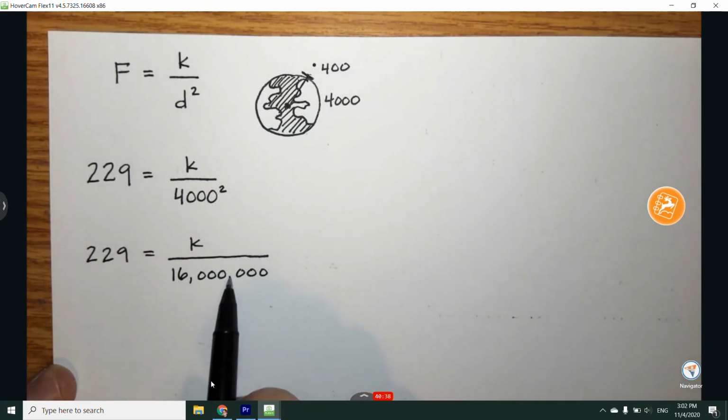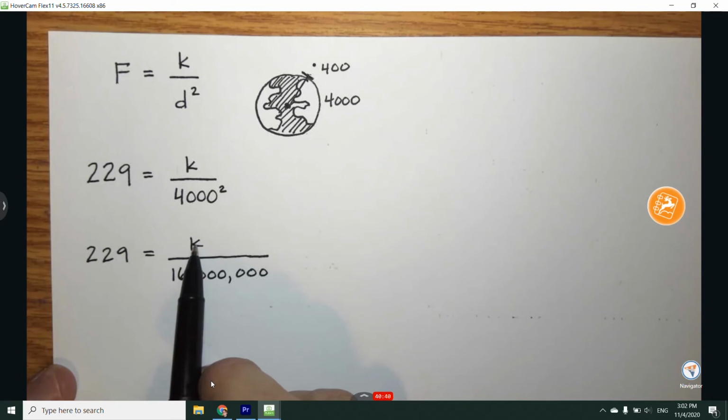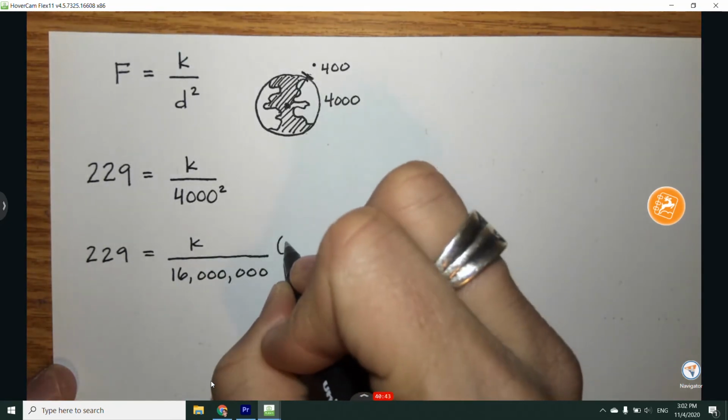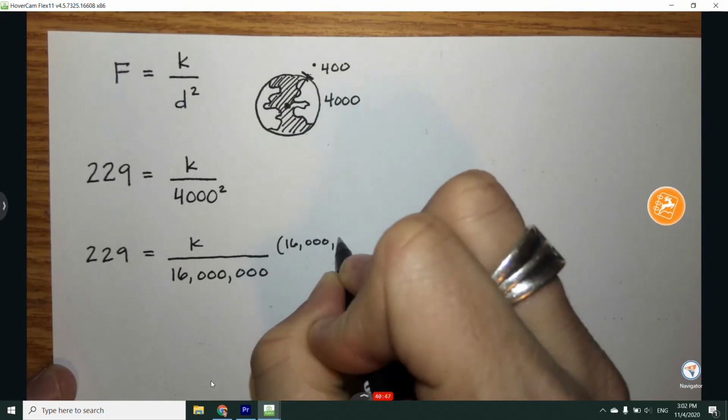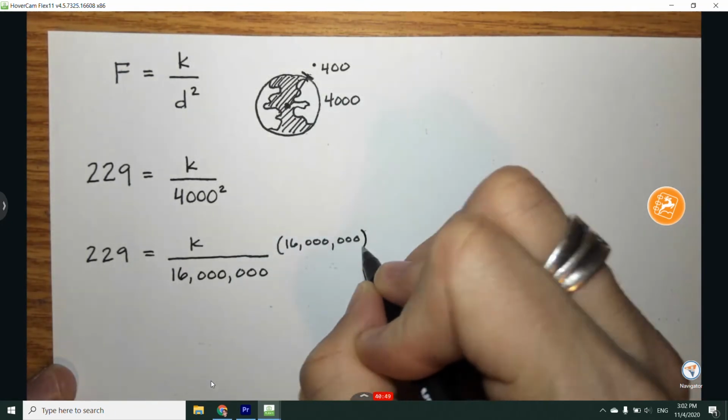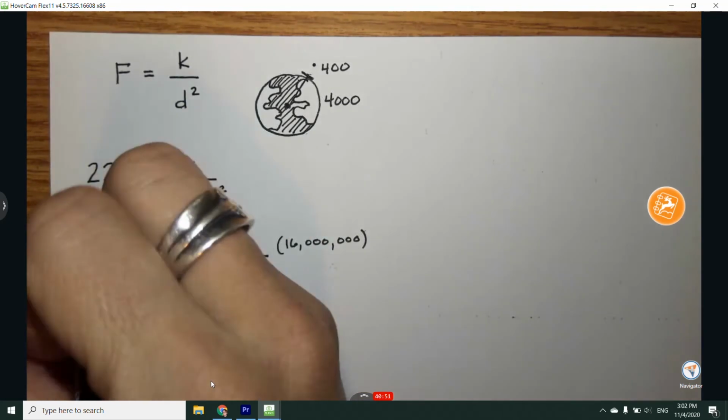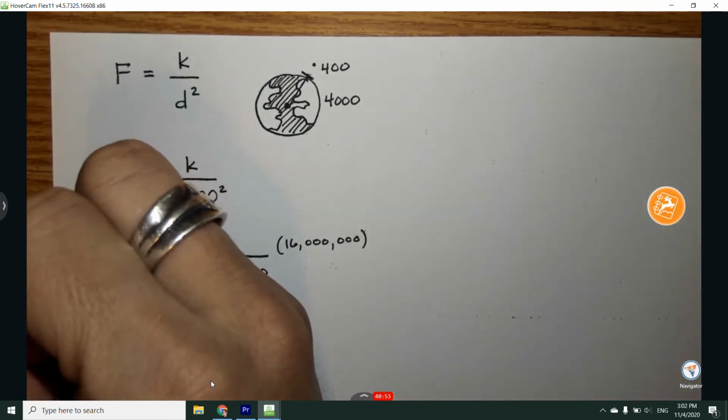And now to get this out of the denominator, because that's what we're dividing K by, we're going to have to multiply by this 16 million on both sides. And so this gets multiplied by 16 million.